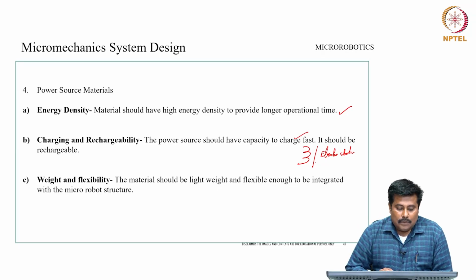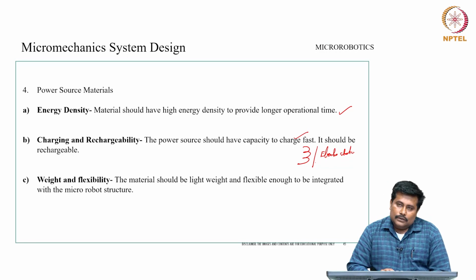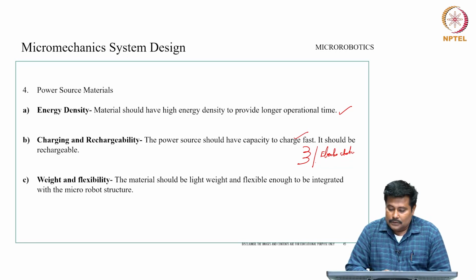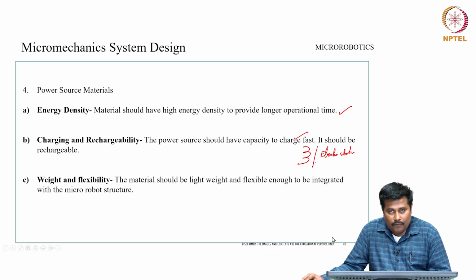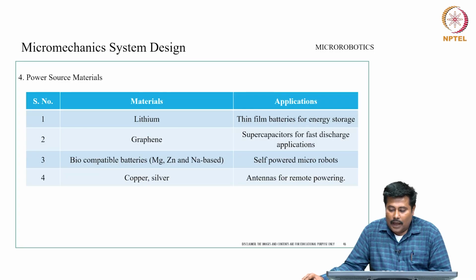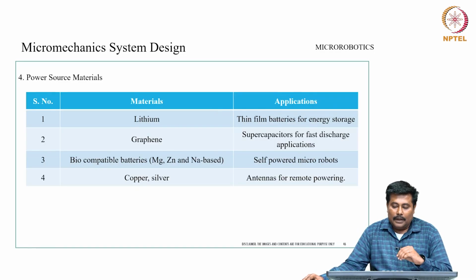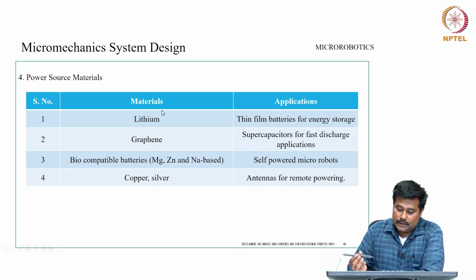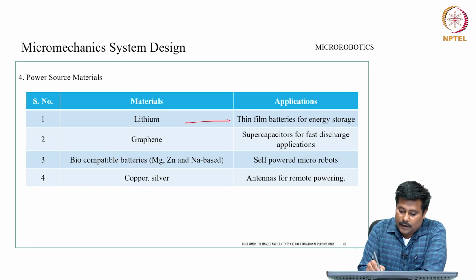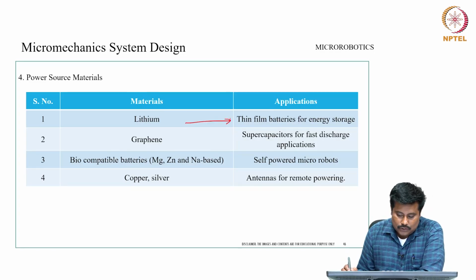Now, we have been discussing power source materials and the parameters required for them, in which we discussed energy density, the charging and recharging capability of the material, and weight and flexibility, which is one of the major requirements for power source materials. For a micro robotic application, a material like lithium has potential application, basically for thin film batteries for energy storage.